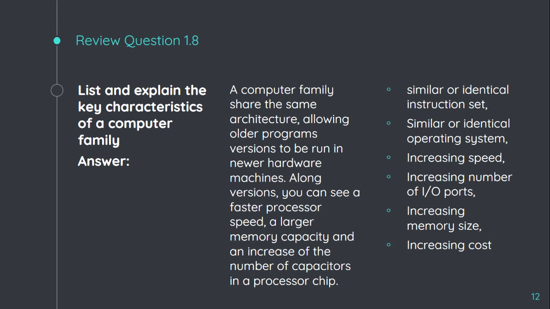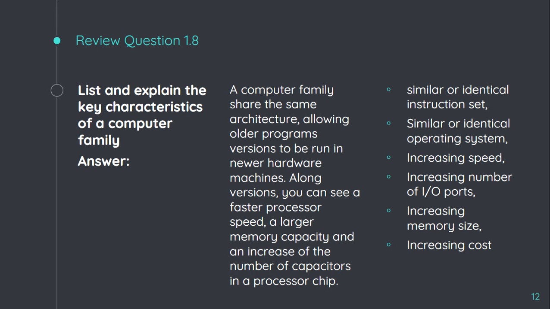The third one is increasing speed. As one moves through the models of the family, the higher-end the machines, the faster the speed. This means an increase in the rate of instruction execution. The fourth is an increasing number of I/O ports.